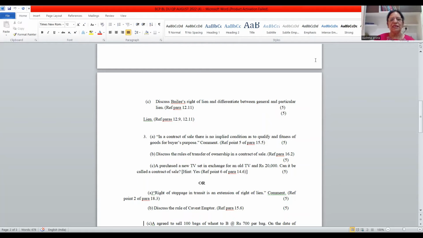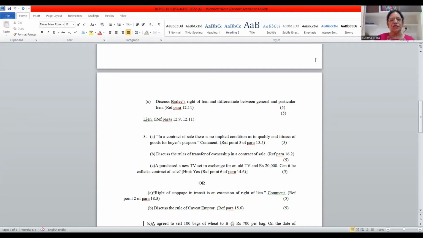The particular lien can be exercised to recover the charges only, and against the particular property in respect of which the charges have been incurred, the services have been rendered. The paras are 12.9 and 12.11, that is chapter 12, both paras 12.9 and 12.11.